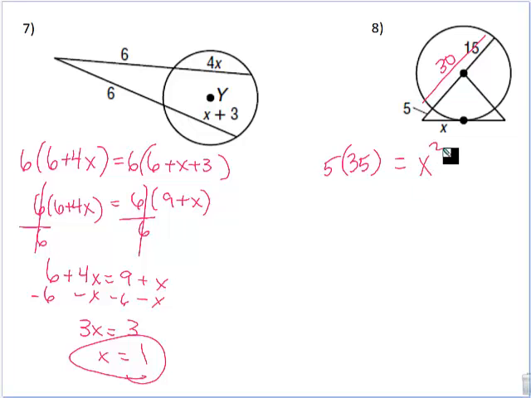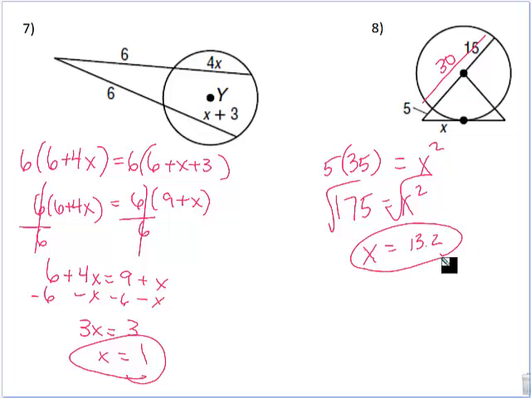All right, 5 times 35? 175 is equal to x squared. Square root, so x is equal to? 13.2. Is that okay?